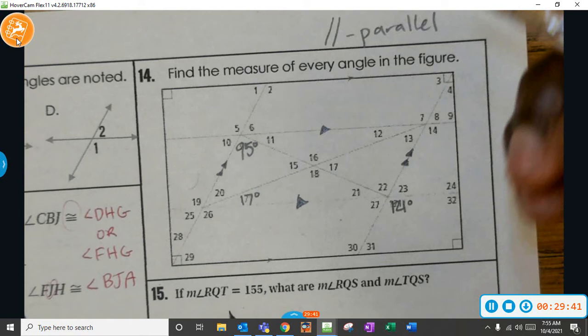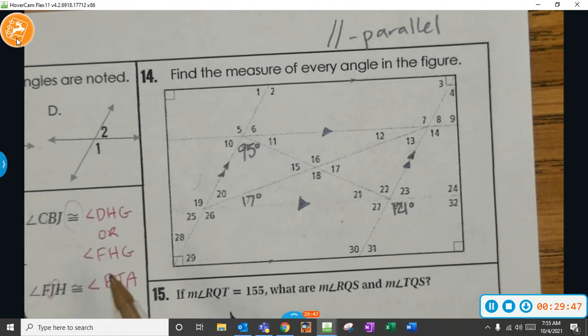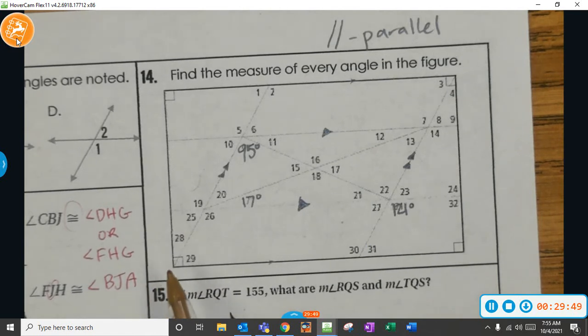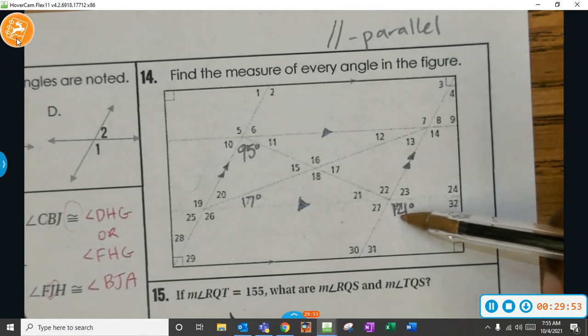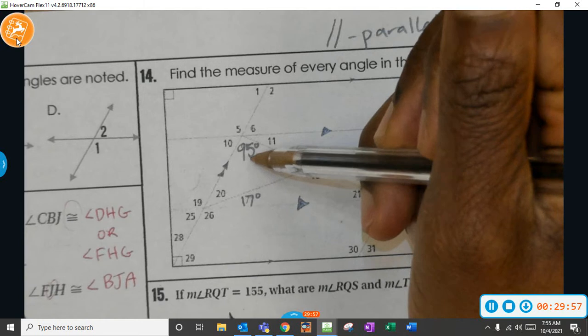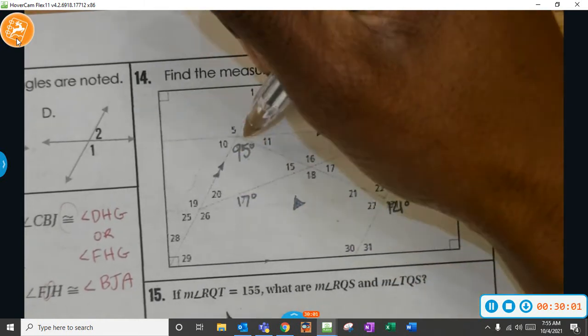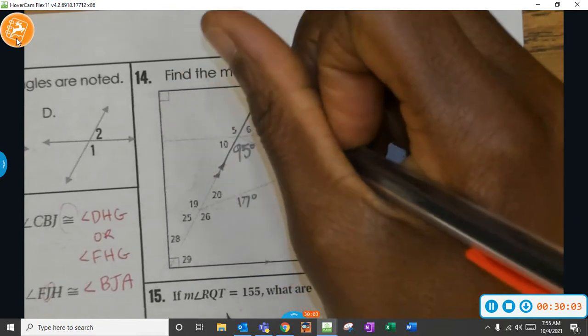So first thing I would start off with is figuring out, let's see, you can really start in any order, but I can figure out the linear pair to 121. So I'll just randomly start over here. The reason I didn't start here is because I don't have the vertical angle to the 95.